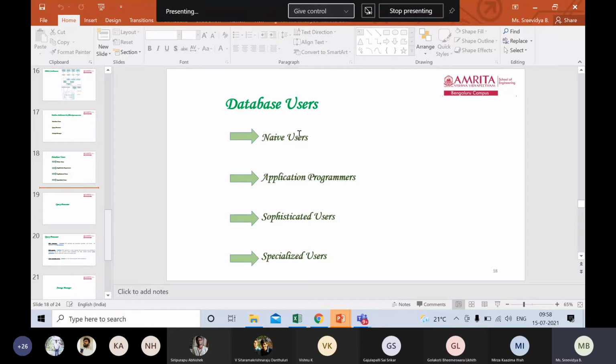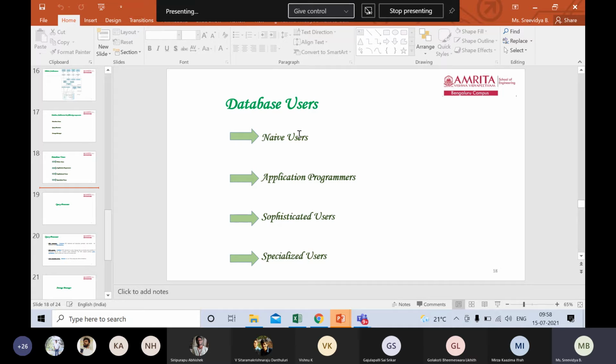How are they interacting with that database application? Are they writing the SQL query? Let us say that you want to find out the balance that is present in your account. You go and give your account number, let us say your account number is 001. The bank employee is not going to type select balance from account where account number equals 001. No, that is not what is going to happen.